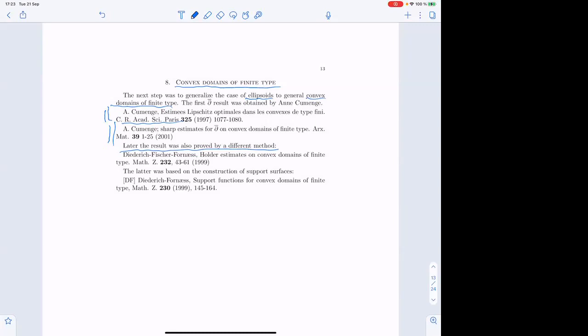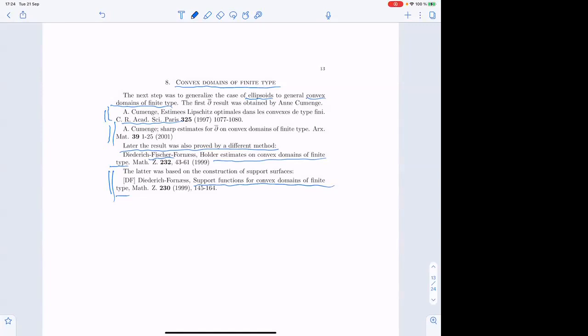She did it first. But we proved Hölder estimates on convex domains of finite type with Fischer, a student of Didrik at the time. The reason I mention this now is because prior to this result, Didrik and I wrote a paper where we really only worried about the support functions and not the applications to the bar.